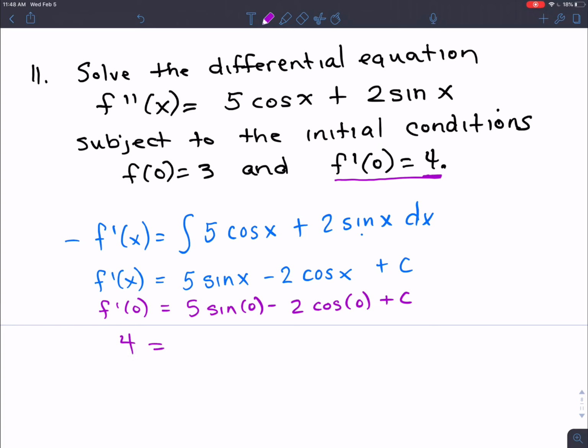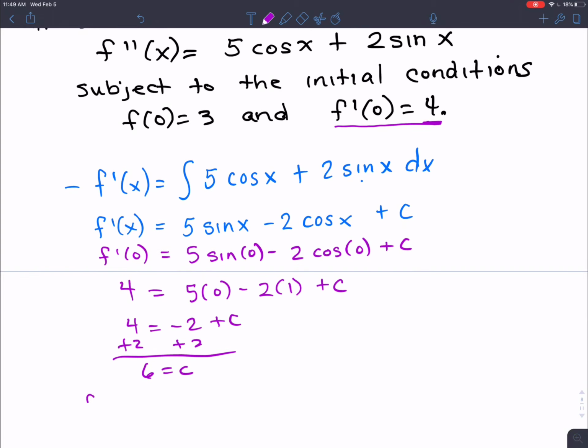Sine of 0 is 0, cosine of 0 is 1. So I'll have 4 is equal to negative 2 plus a constant. And I solve for c, so 6 is equal to c.